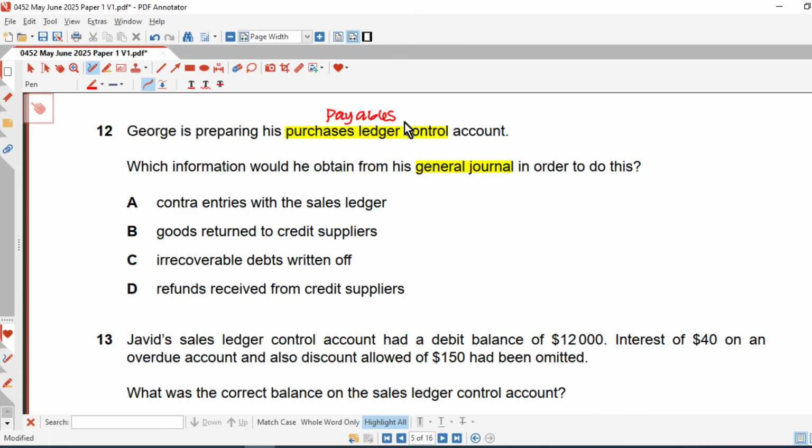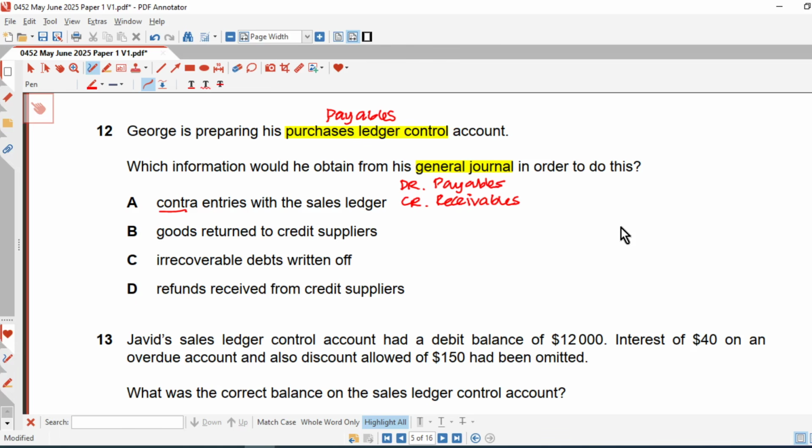A, contra entry with the sales ledger, right? So a contra is where you reduce the payables and receivables at the same time. So I owe you money, you owe me money. What we do is we are going to net things off, right? I owe you 700, you owe me 500.